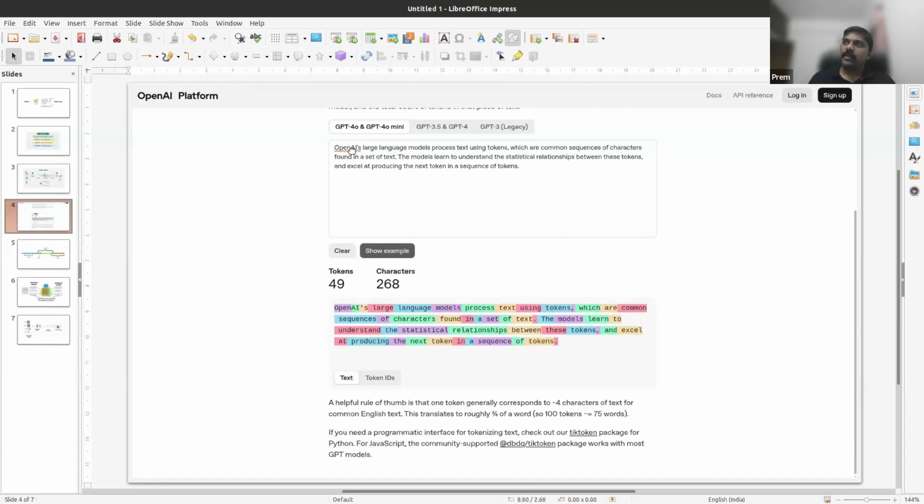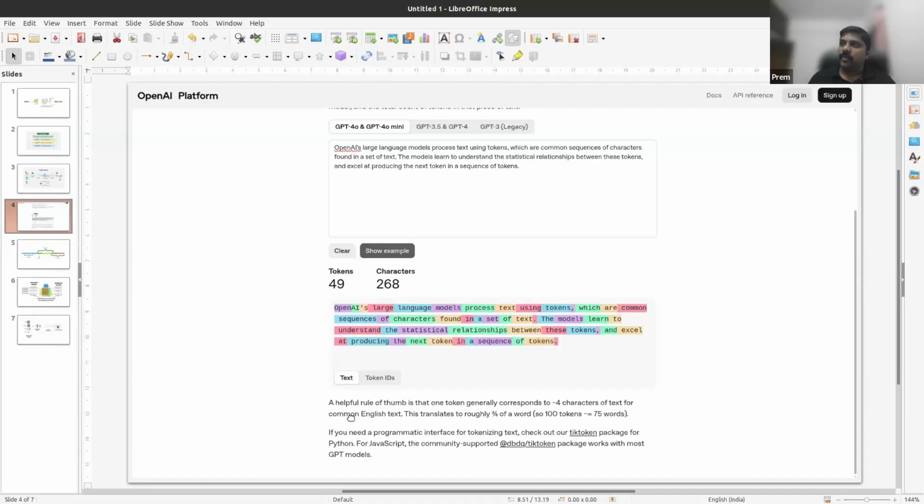You can see that "OpenAI's" is split: Open is one token, an apostrophe is one token, s is one token, and then large is another token. You can see commas and full stops are different tokens. Overall, 268 characters, probably 50-60 words, come to 49 tokens.